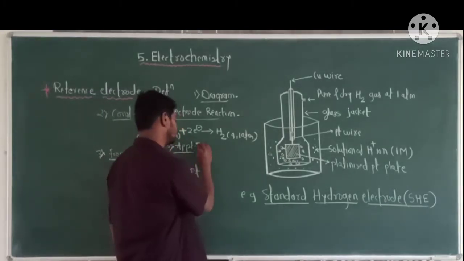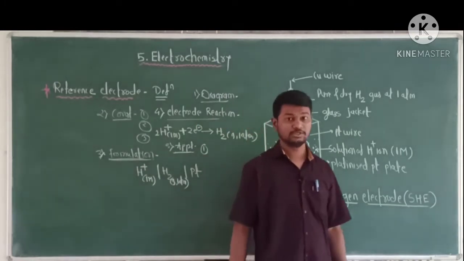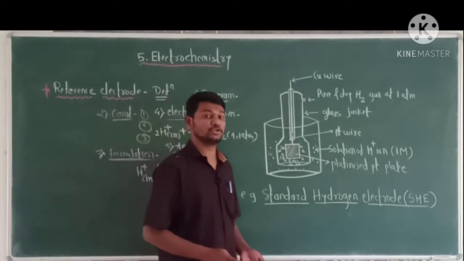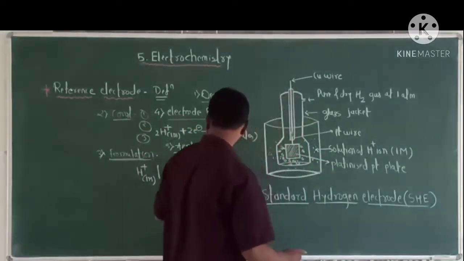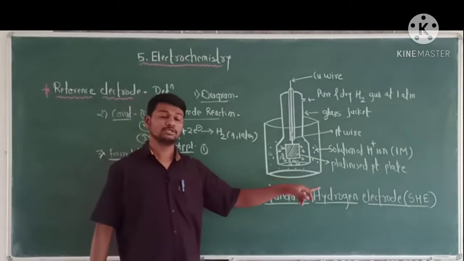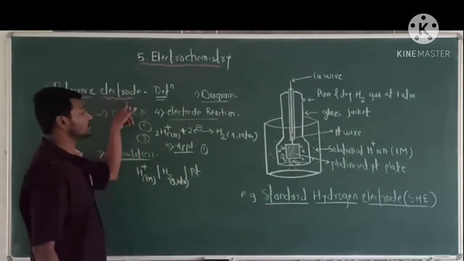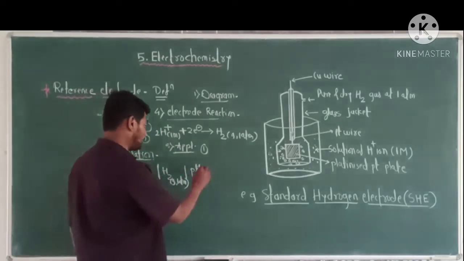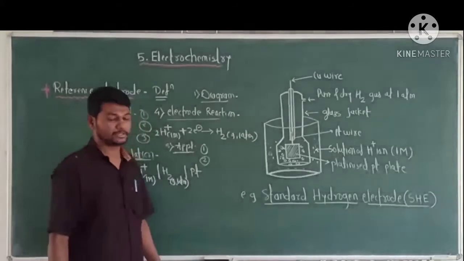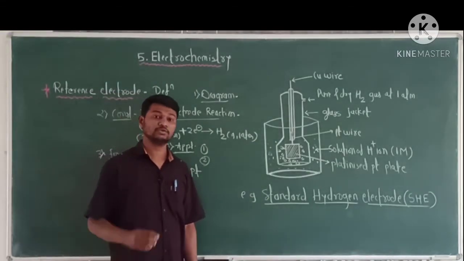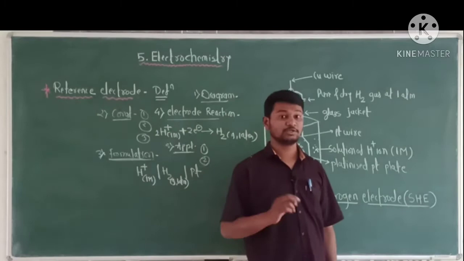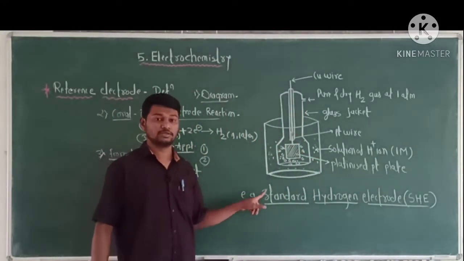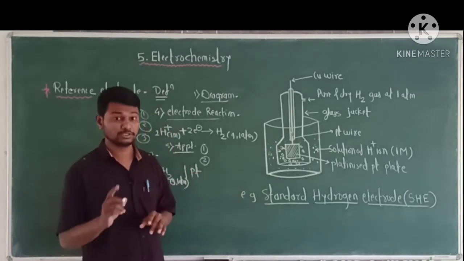The first application: the standard hydrogen electrode is used as a primary reference electrode to determine the potential of other electrodes. The second application: the standard hydrogen electrode is used in acid-base titration to determine the pH.